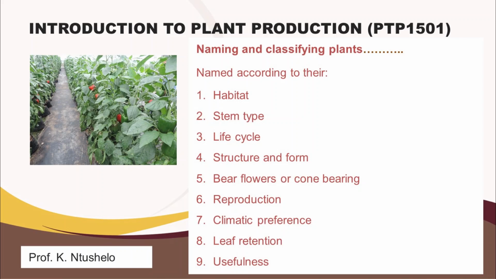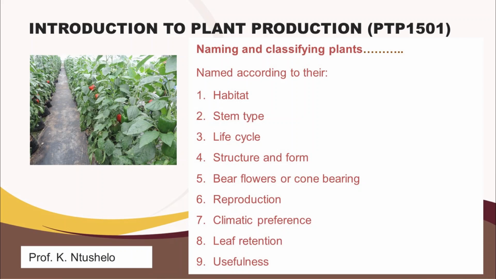Are they perennials? Structure and form, are they bushes? Are they trees, shrubs? Bearing of flowers, are they flowering plants, or are they cone bearing plants? Reproduction, is it asexually reproducing plants? Is it sexually reproducing plants?